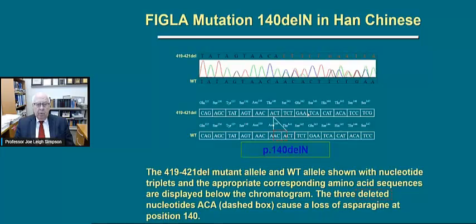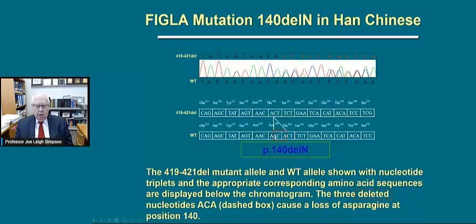Here's another example of how you could go back to that schematic diagram that showed before, pick out a gene and a protein product that was necessary. Here, this one is called FIGLA. I won't go into its derivation, but what happens here is that there is a deletion of AAC here. So once you have had that, you have skipped what you would expect.